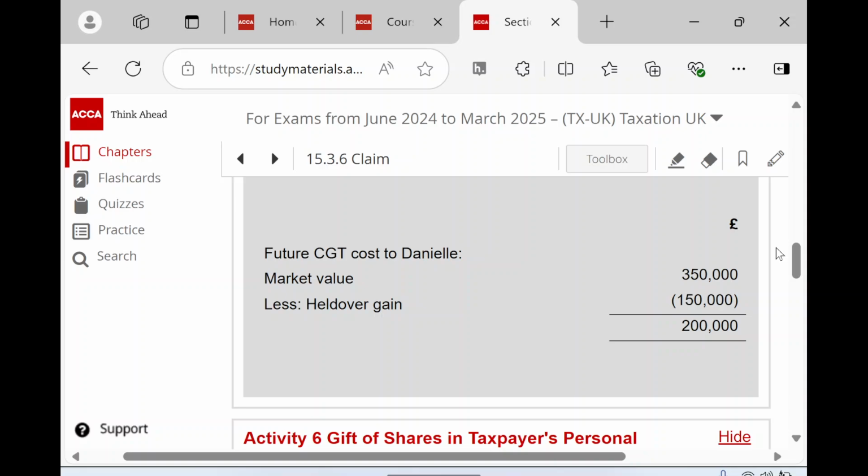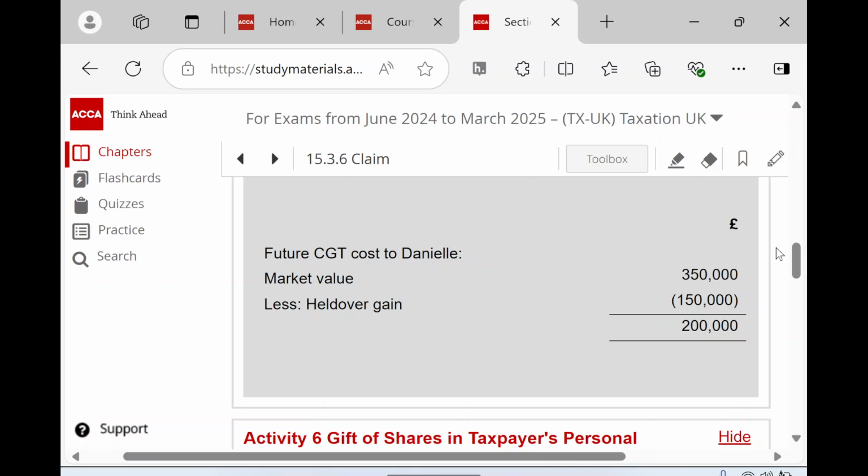So moving down the page, the second part of the requirement basically said, well, what's the future base cost? So let's remember, Danielle is the receiver. She's the receiver of the asset in relation to this gift. In terms of her base cost, well, in effect, the proceeds are 350, even though she didn't pay anything. It's the market value.